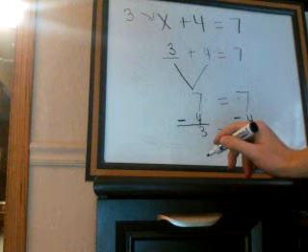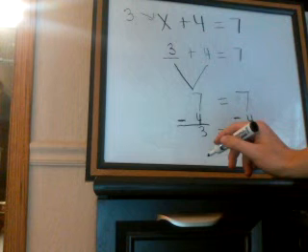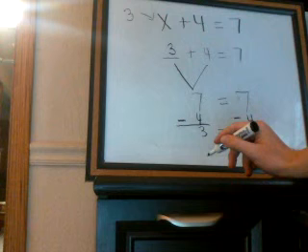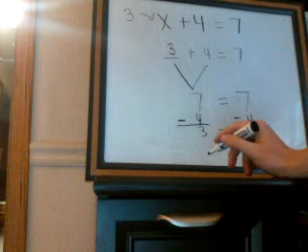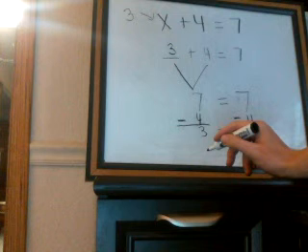And this rule, where if you start out with the same amount on both sides and you subtract the same amount from both sides and you still end up with the same amount on both sides when you're finished, this rule is what we're going to use to solve the problem.